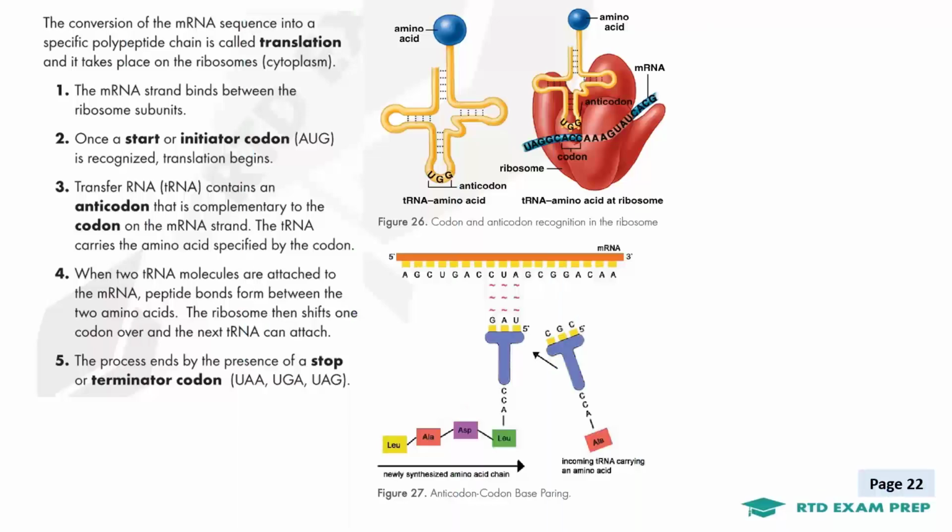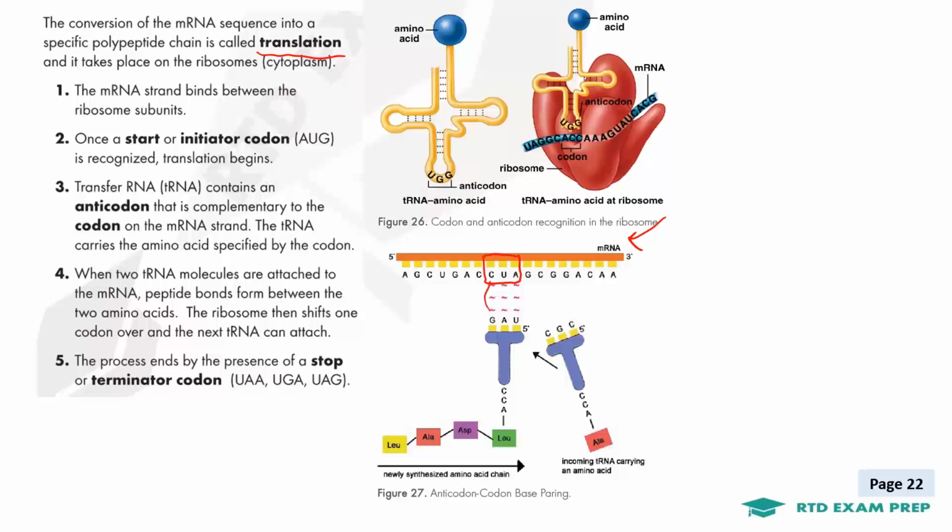The conversion of mRNA into a polypeptide chain is called translation. We know that. It's going to take place on both the ribosomes and the cytoplasm. So let's look at our diagram down here. Here I see messenger RNA. Messenger RNA, you're going to say, I remember that a group of 3 is called a codon.